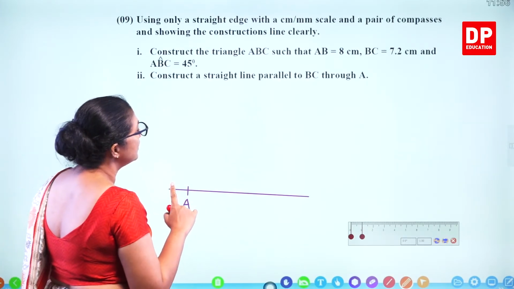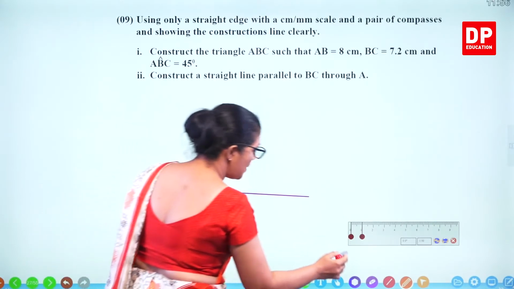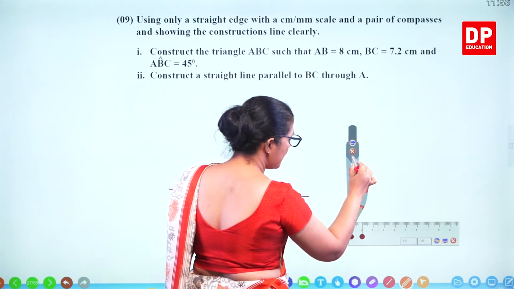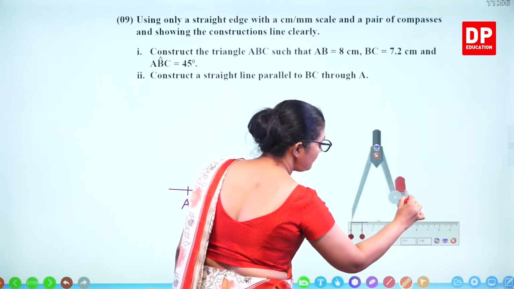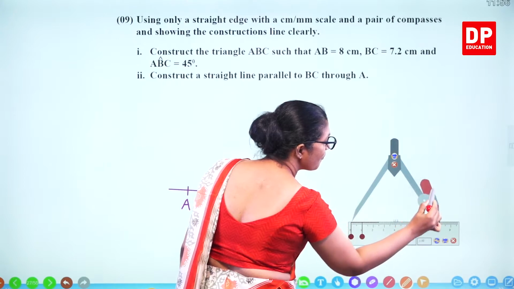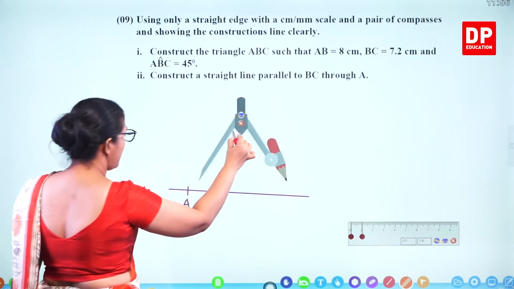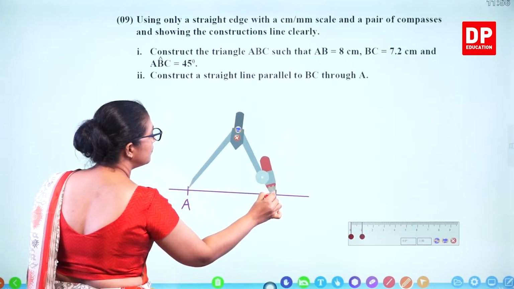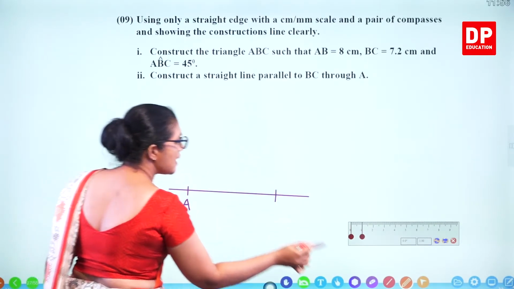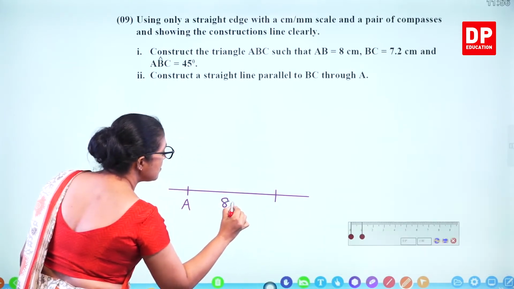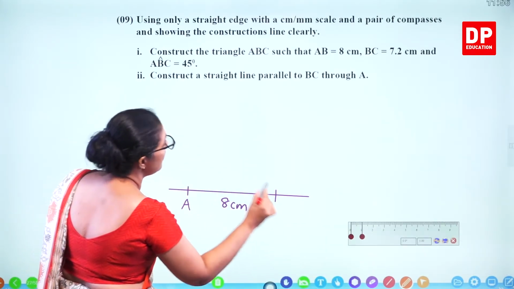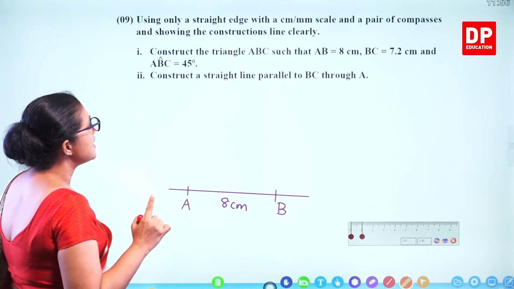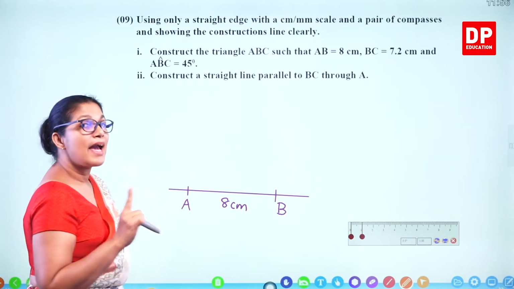AB is 8, so you take the compass and measure an 8 centimeter length, and mark the point B. That's 8 centimeters. And this is point B. That's the first step. Then BC is 7.2, but angle B is 45.